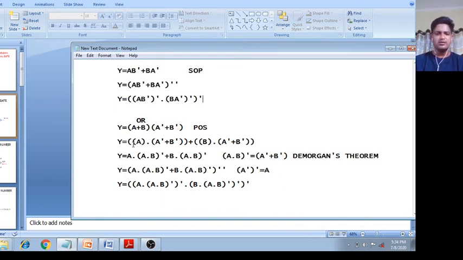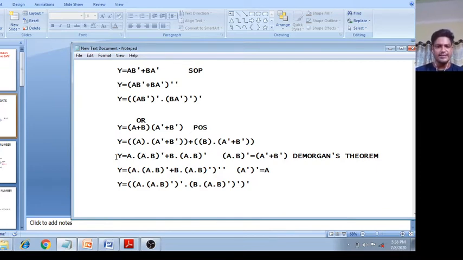Now apply the distributive theorem: A dot (A dash plus B dash) plus B dot (A dash plus B dash). Now you know what A dash plus B dash is? A dash plus B dash is nothing, it is A dot B whole dash.